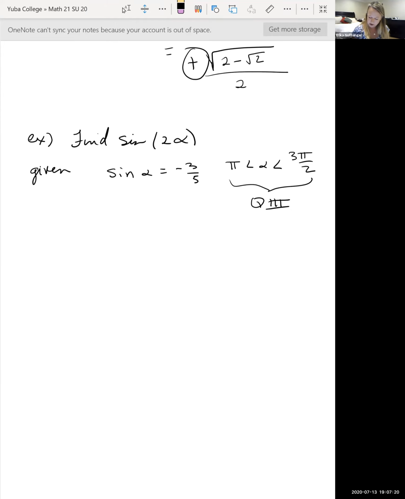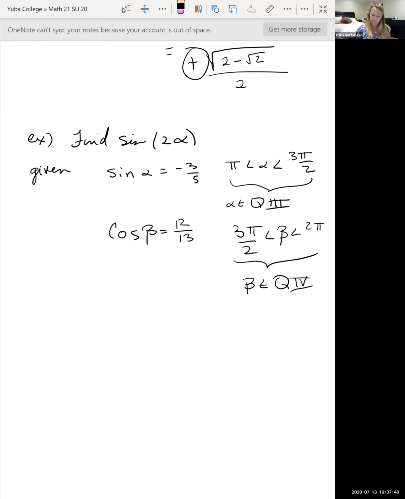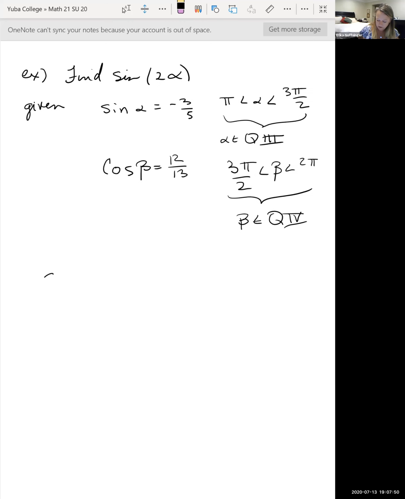And it gives me that cosine beta is equal to 12/13. And that beta falls between 3 pi halves and 2 pi. So that tells me that beta is contained in quadrant 4. Sine of 2 alpha. Well, I have that memorized. I know it's sine of alpha plus sine of alpha.